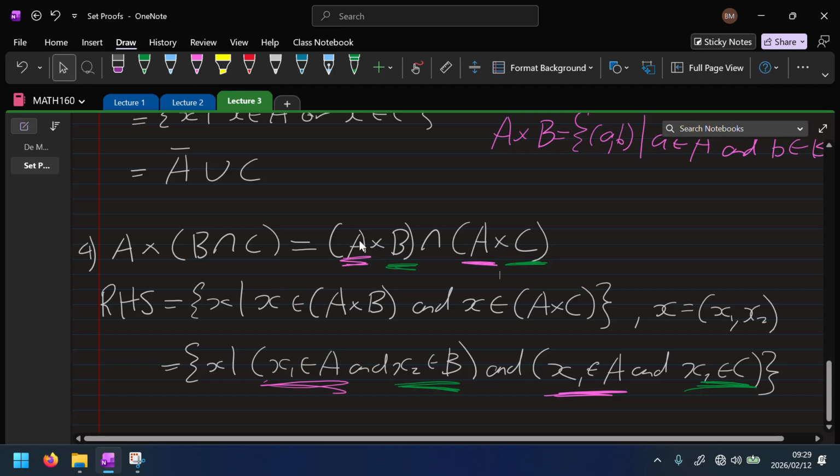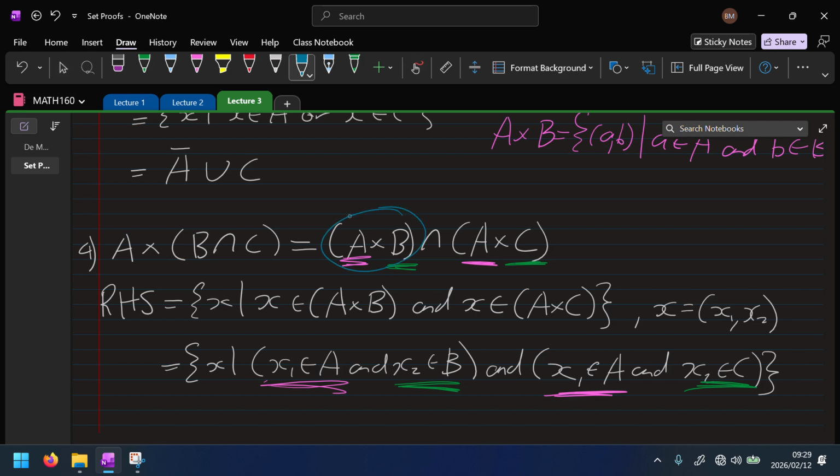Okay, so here we have the Cartesian product, because we're starting from the right-hand side. So we have some set, this one, intersection with some set. What does intersection mean? And.